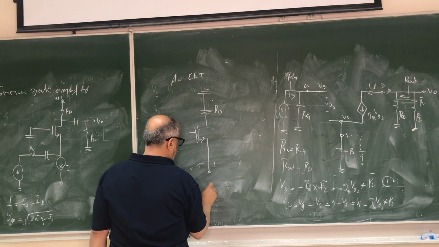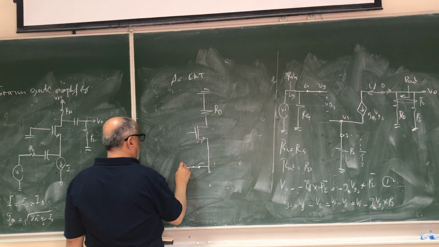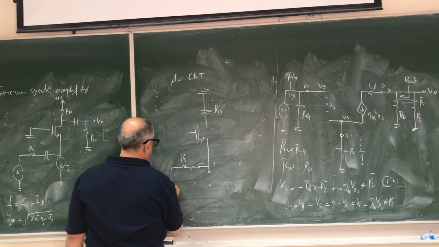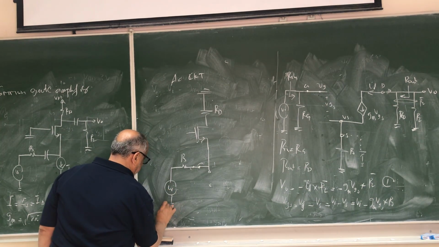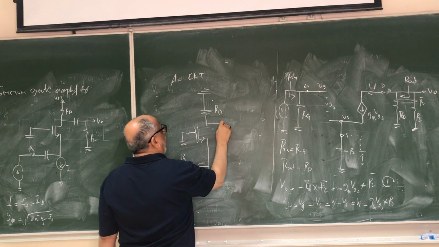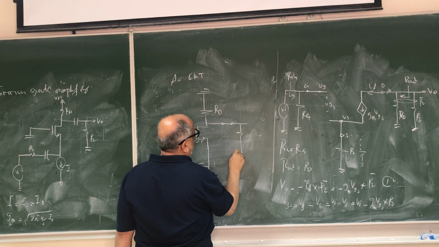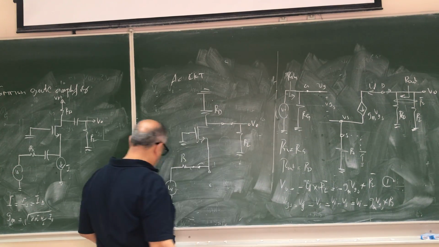The current source here will be open circuit. The coupling here is shorted out. RS and this is your input VI. The gate is grounded, the coupling here is shorted out, and we have here RL, and that is the out.